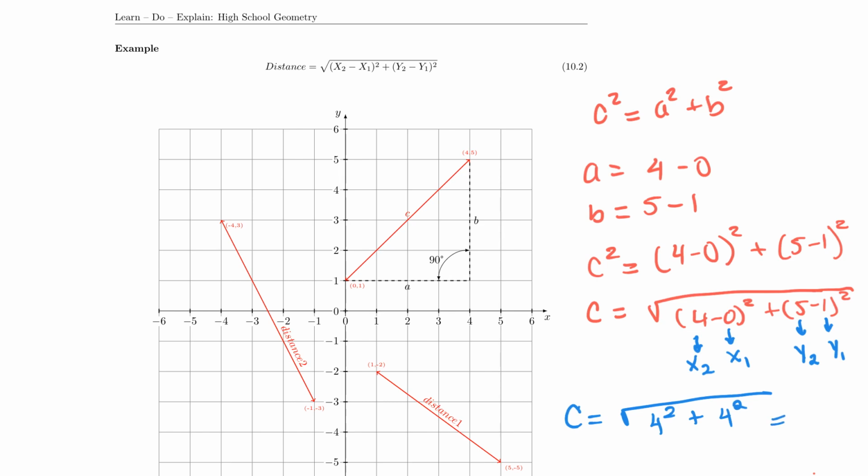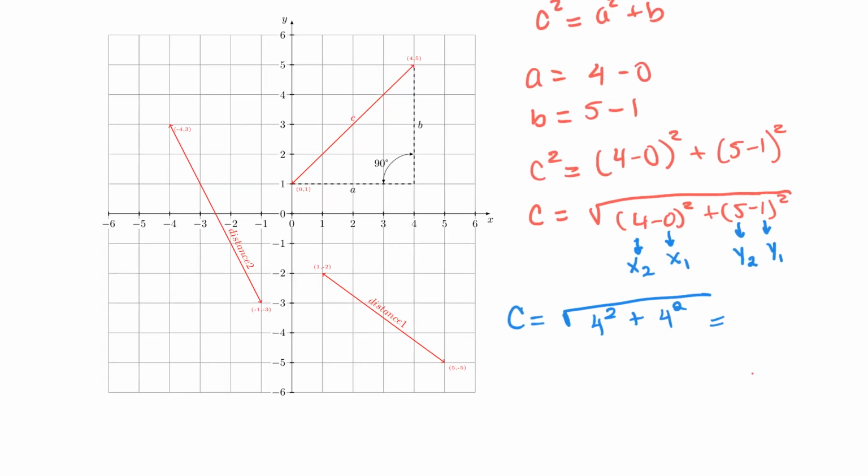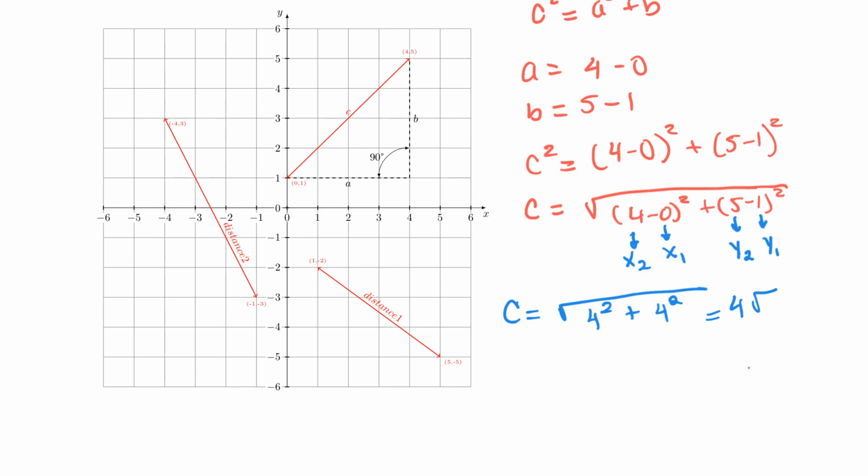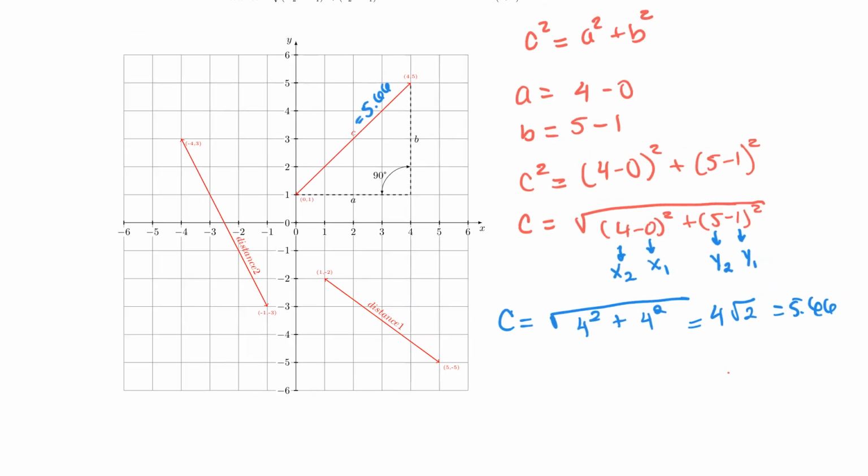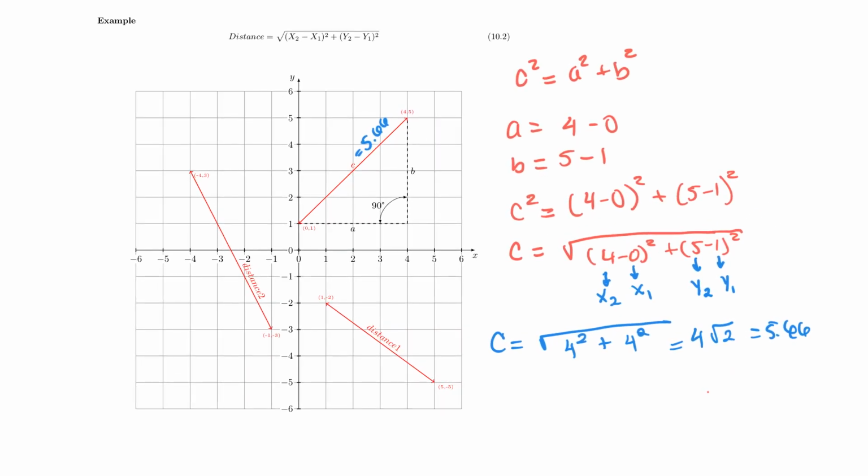This is equal to 4 square root of 2, which is the same as 5.66. So this distance right here is equal to 5.66. And this is how we solve for distances.